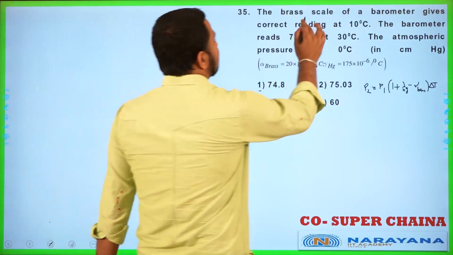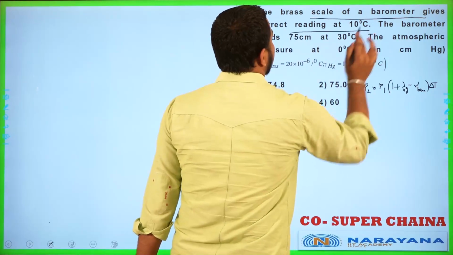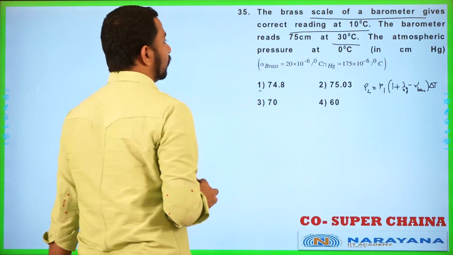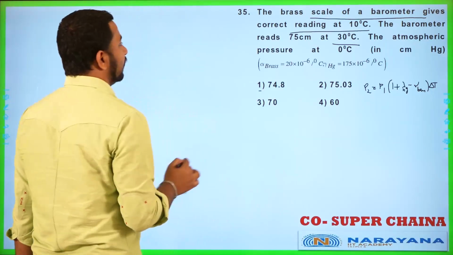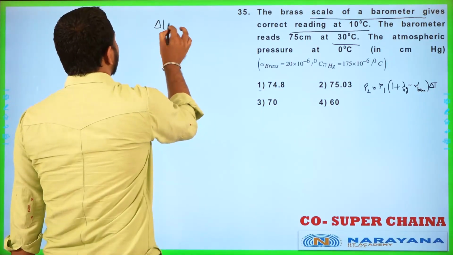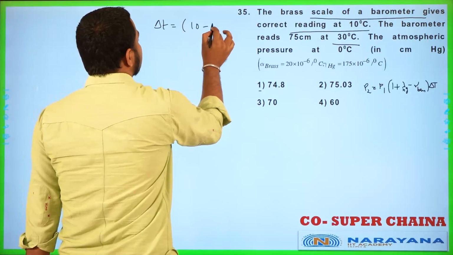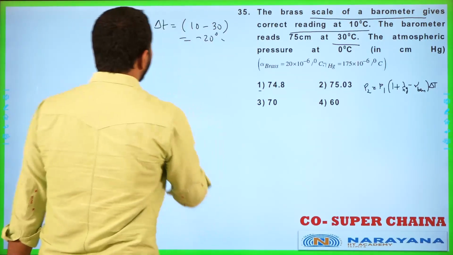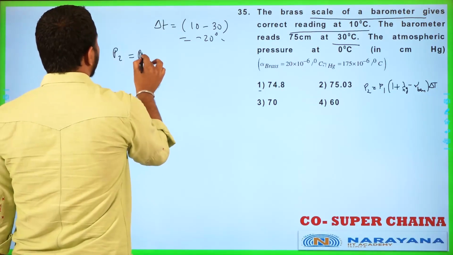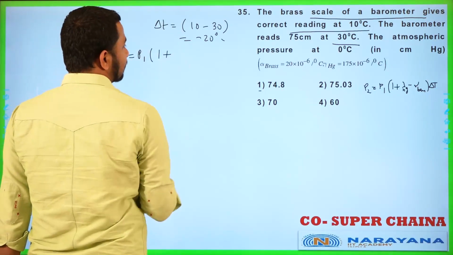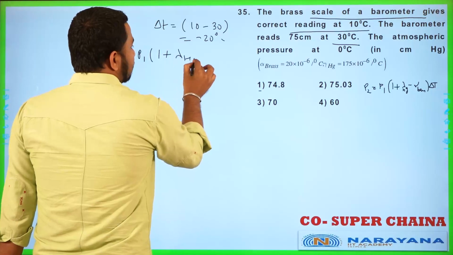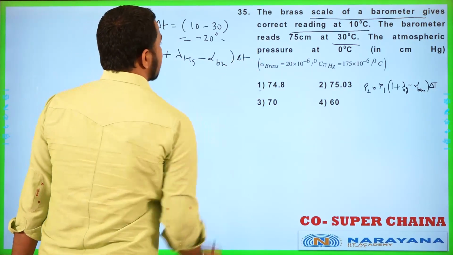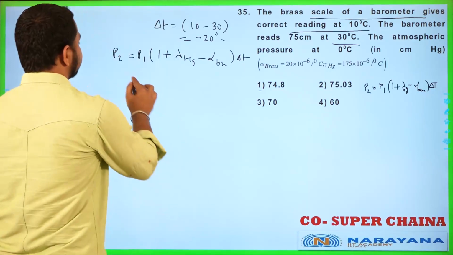Here a brass scale of a barometer gives the correct reading at 10 degrees Celsius. You have to find what it will read at 30 degrees. So delta T will be 10 minus 30, so it will be minus 20 degrees. We have to find the correct reading. We know the formula P1 times (1 plus (gamma Hg minus gamma of brass) into delta T). Just substitute the values, students.